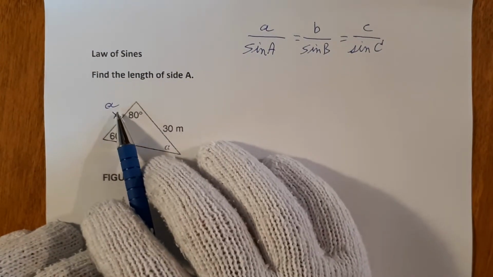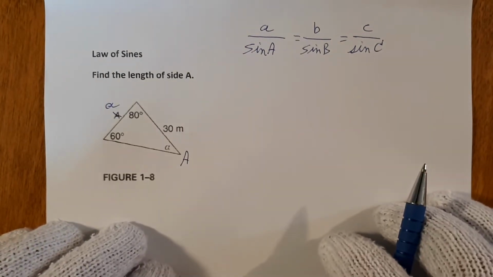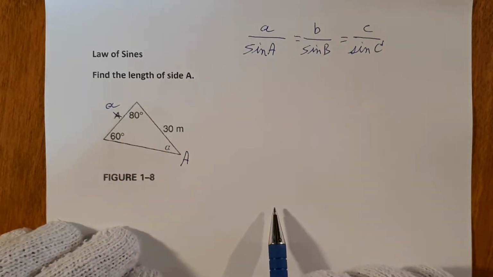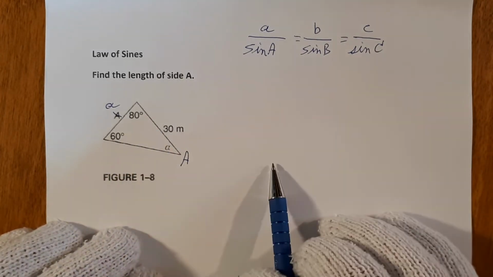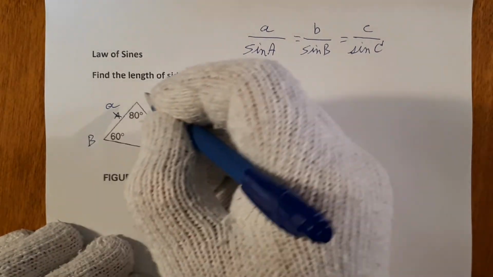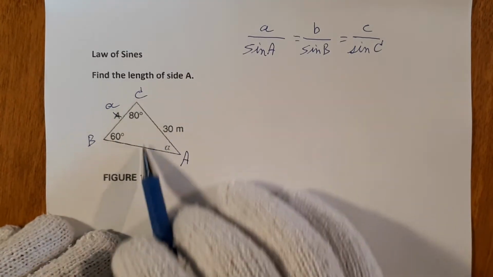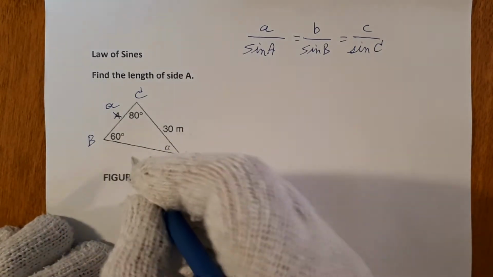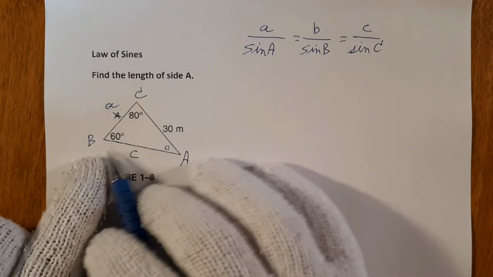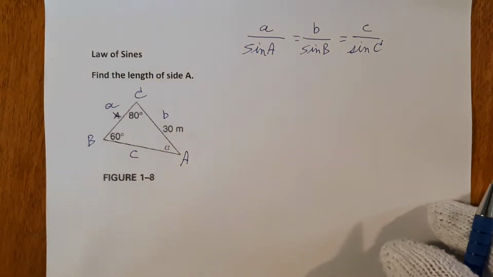Since that's little letter a, then I'm going to call this one capital A. And the other two angles, I can arbitrarily call them anything I wish, B or C, doesn't matter which one. So if I call this angle B, and this angle capital C, that means the opposite side, that length right here, becomes lowercase c. And the length opposite angle B would be lowercase b.